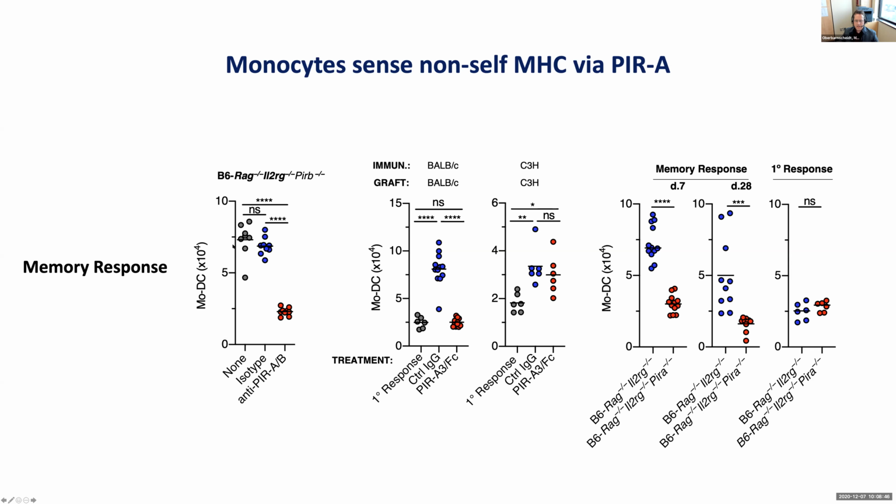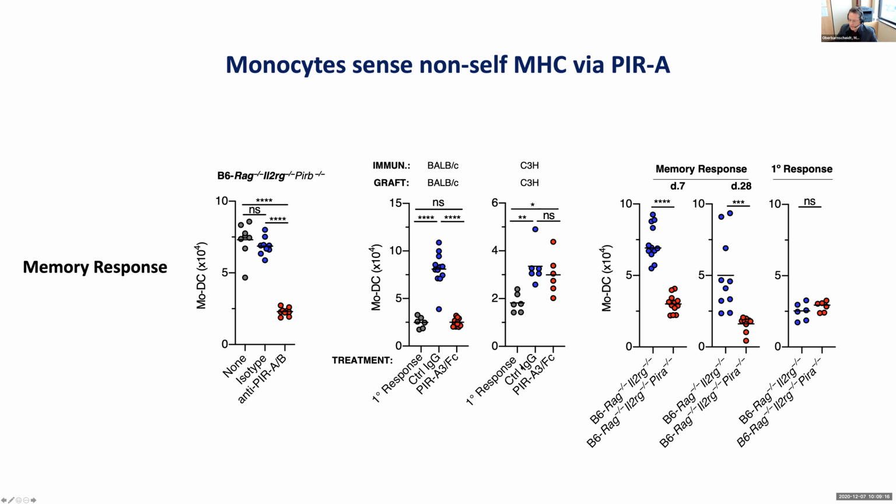And as you can see here, the memory response was completely abrogated after treatment with anti-PIR-AB antibody. Also, when we treated mice with a PIR-A3 Fc fusion protein after immunization and recall with BALB/C, we saw that we could block the memory monocyte response completely.